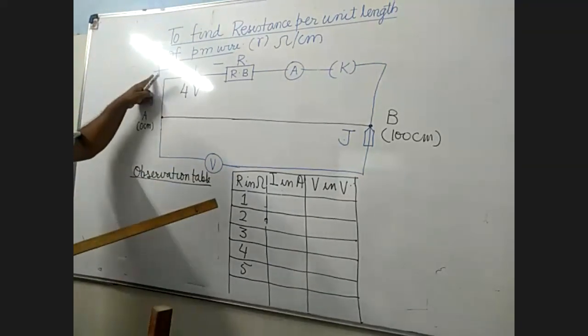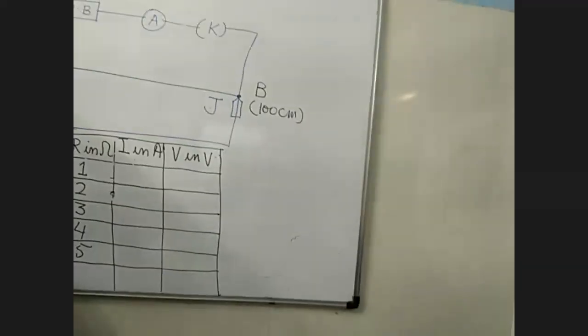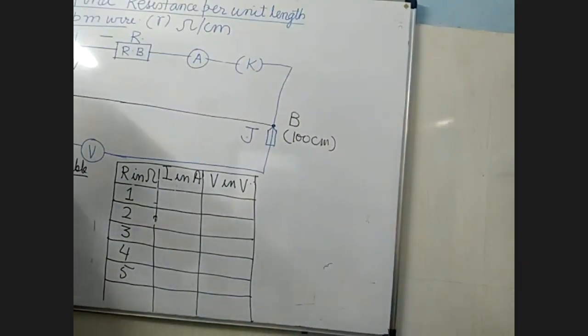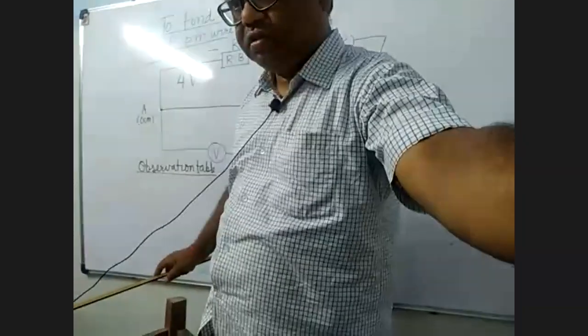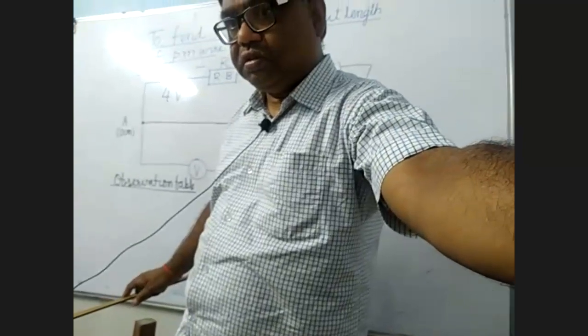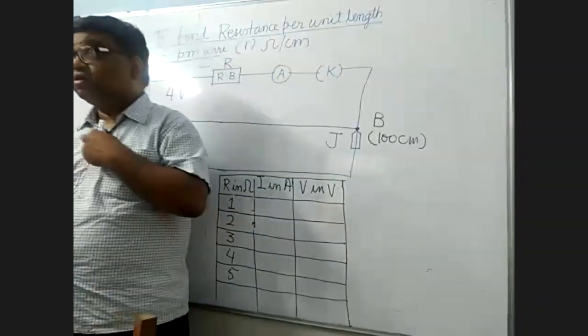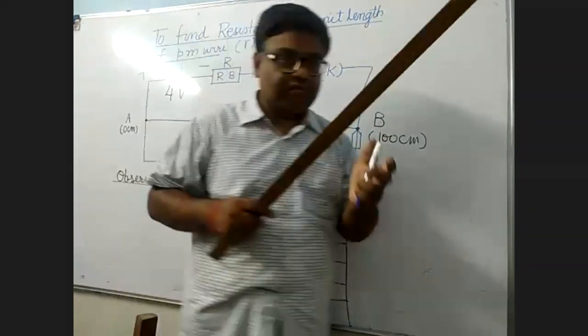So this is the positive terminal of the cell and this is the negative terminal. Let's change it a bit, maybe it will be fine. Wait, I will change it by switching off the light.